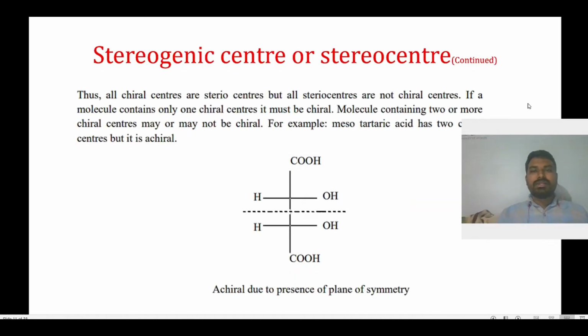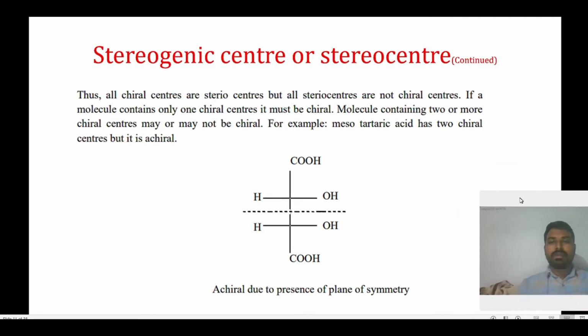Stereogenic center or stereocenter. Thus all chiral centers are stereocenters, but all stereocenters are not chiral centers. If a molecule contains only one chiral center, it must be chiral. A molecule containing two or more chiral centers may or may not be chiral.